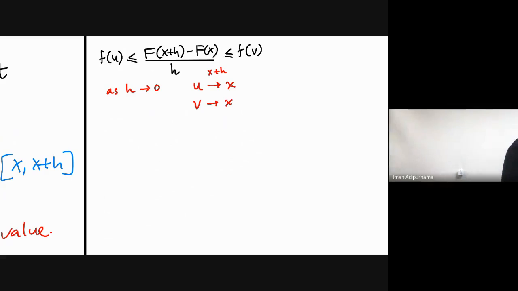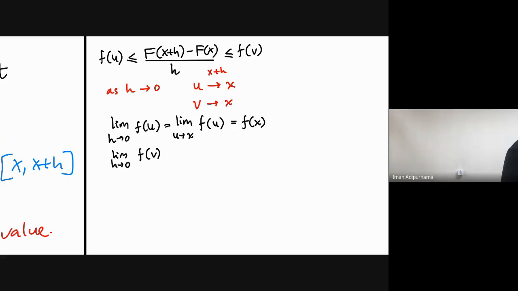Then the limit as h gets to 0 for f(u), I can write as the limit u to x of f(u), which is f(x). And the same thing for f(v).